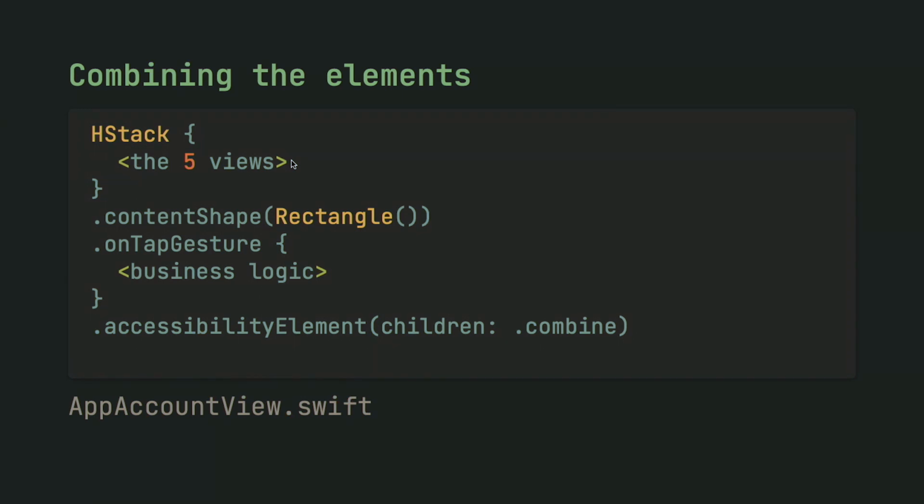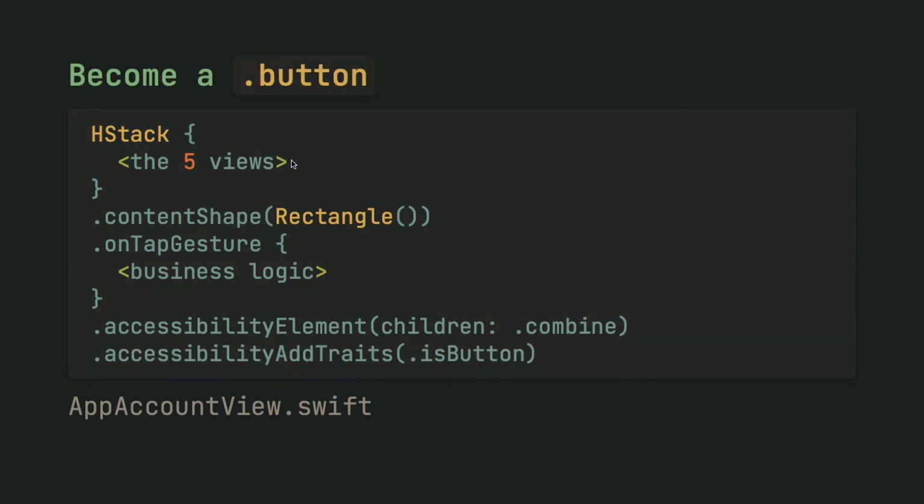What we could do is we could use the combination modifier again and just combine them. But what we'd have then is an interactive text element because it munges together all the traits and tries to pick the ones that make sense, which, you know, what you get for free may not always be what you want. So you'd have to add the button trait.